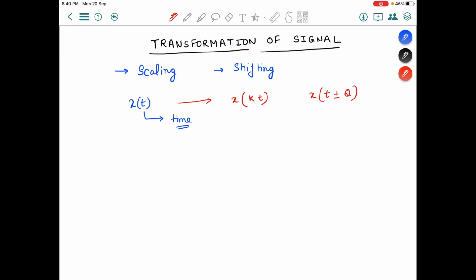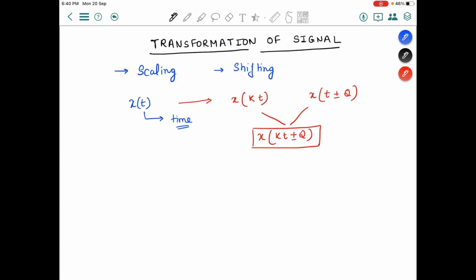These are basic transformations, or we can do both, like kt plus or minus q. This way, by multiplying or adding or subtracting some scalars from our independent variable time, we are basically transforming our signal from one form to another. That is basically a transformation.